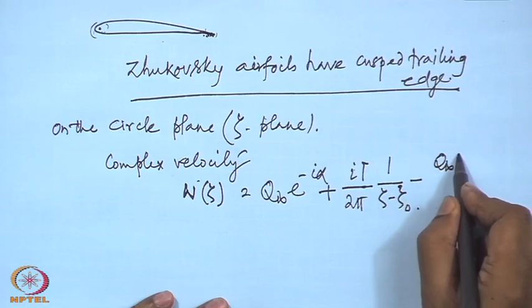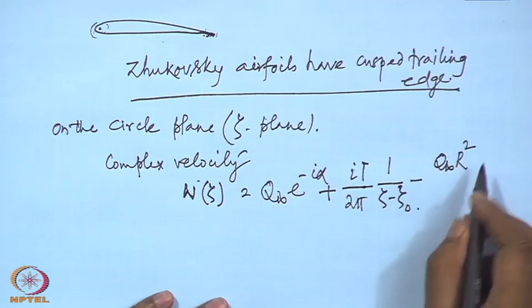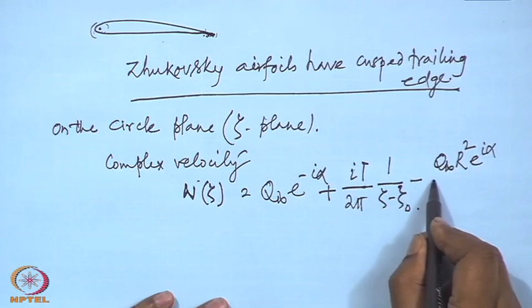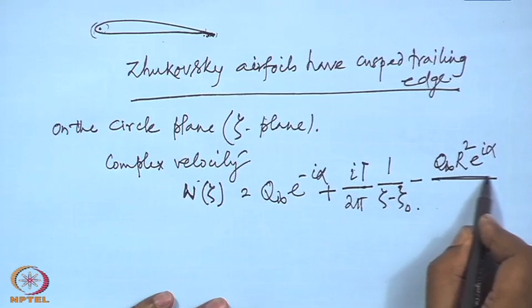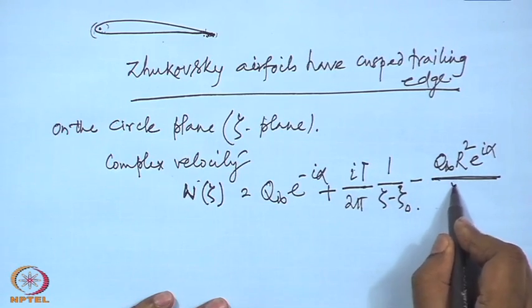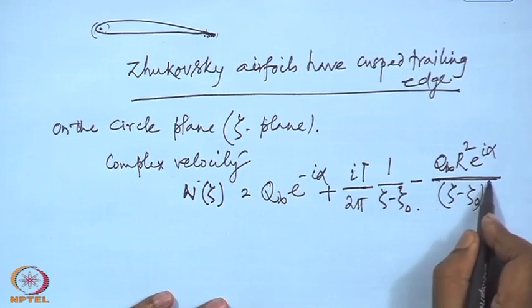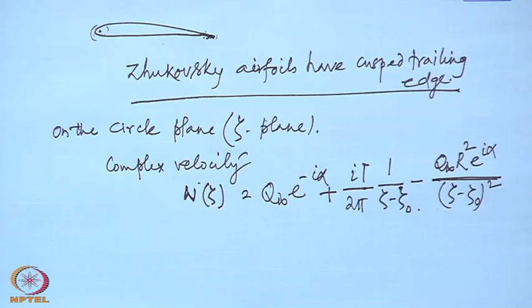Minus q infinity r square e to the power i alpha by zeta minus zeta naught whole square. That doublet strength was how much?